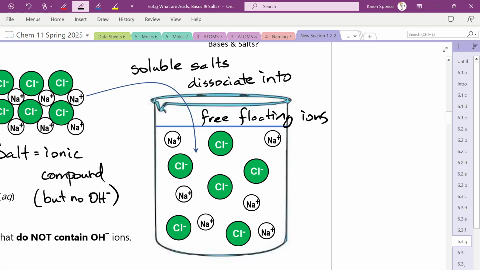Okay, so acids dissociate into free floating ions. Bases dissociate into free floating ions. And as long as the salt is soluble, it will dissociate into free floating ions. If it is not soluble, it'll just come together and stay as a solid. Okay, so those are acids, bases, and salts.